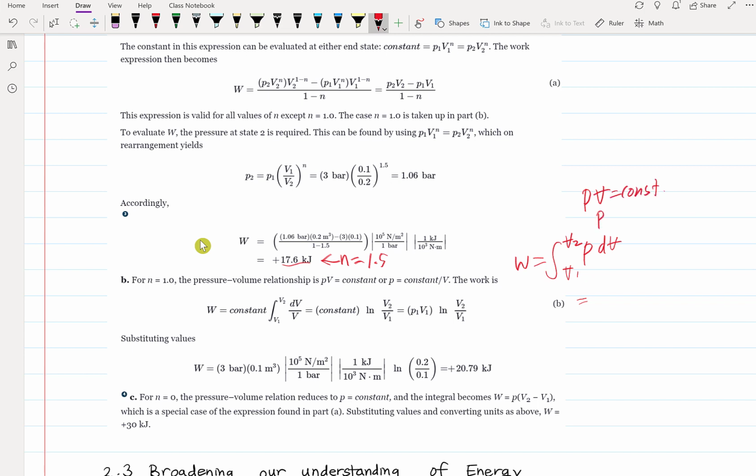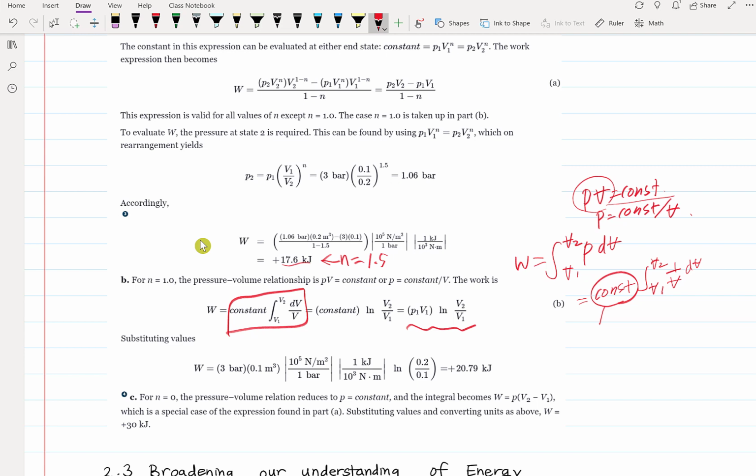So P is constant divided by V. So we can write constant, V1 to V2, 1 over V dV. Integration of 1 over V is a natural log. So we got this.